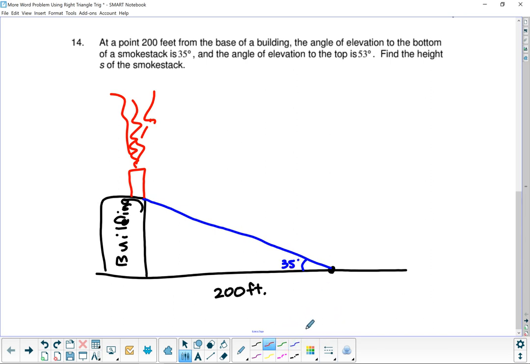And the angle of elevation, in purple, to the top is 53 degrees. Find the height of the smokestack, so we just want to find out how high this right here is.